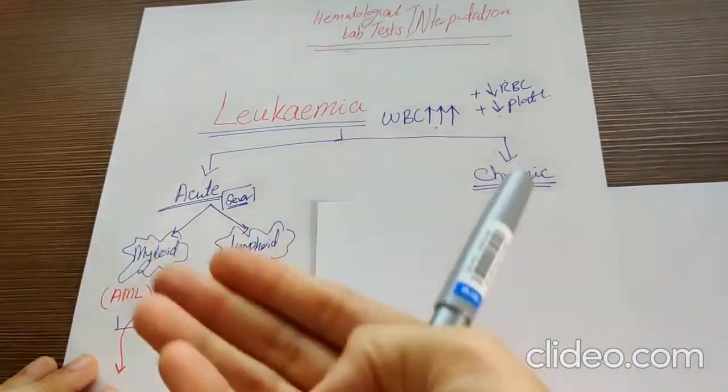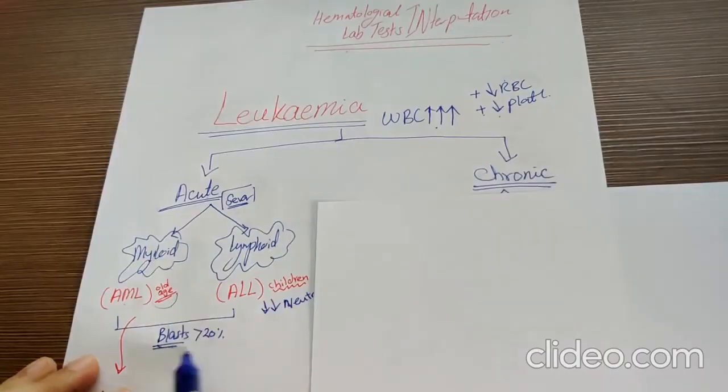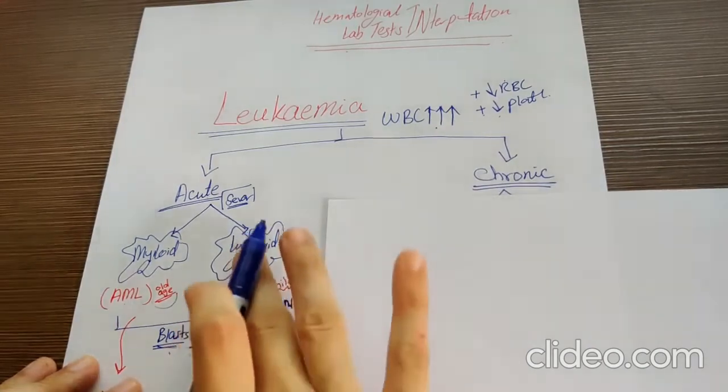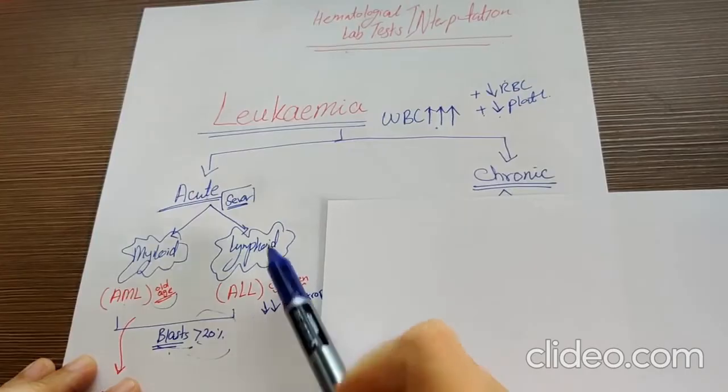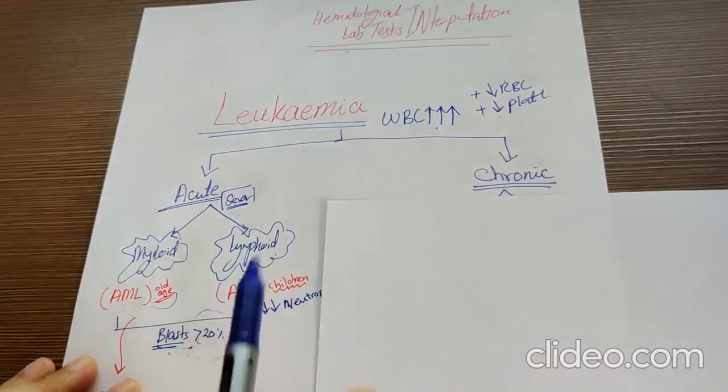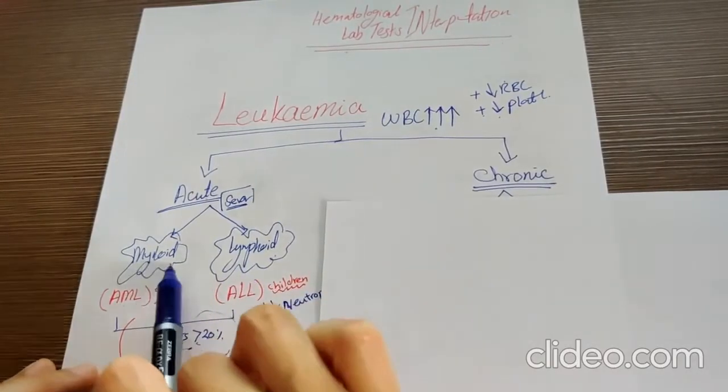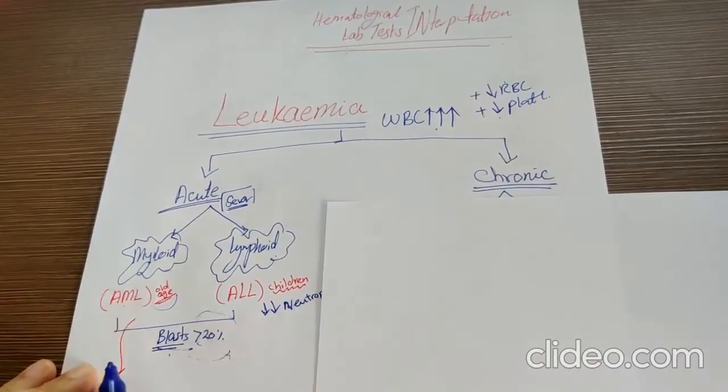If you check the lab test, you will find the blasts are more than 20%. You will find lymphoblasts more than 20% in ALL, and you will find myeloblasts more than 20% in AML.